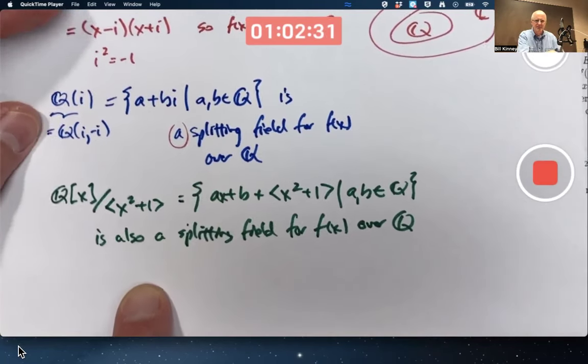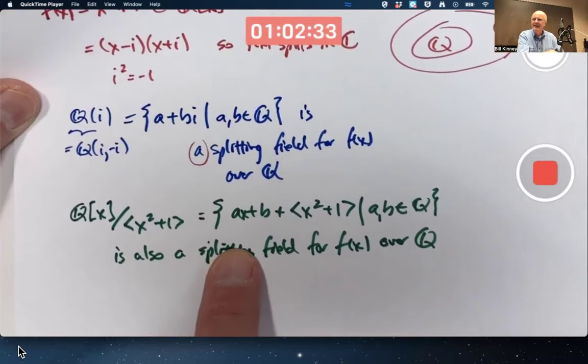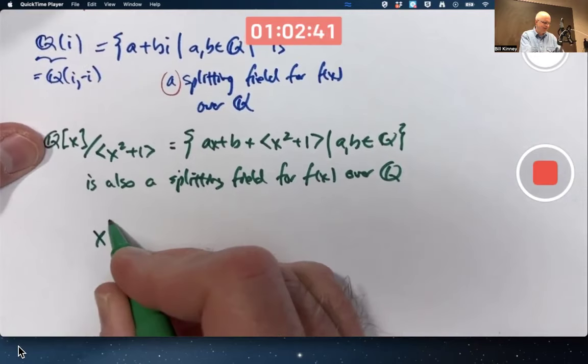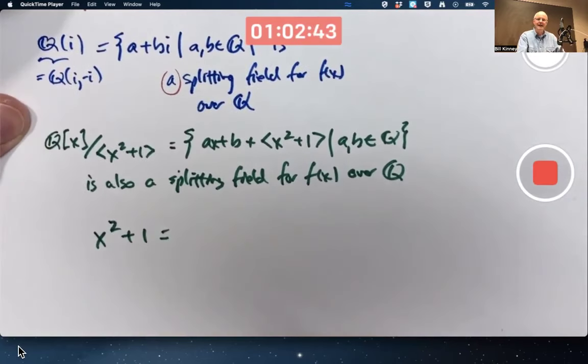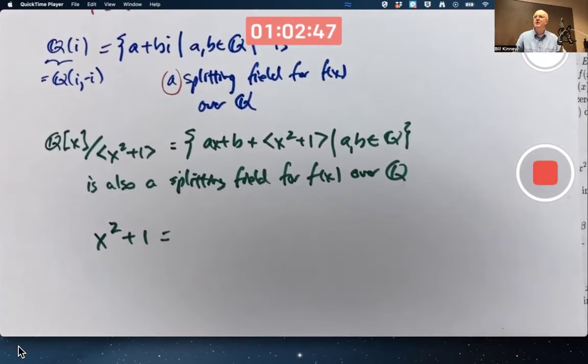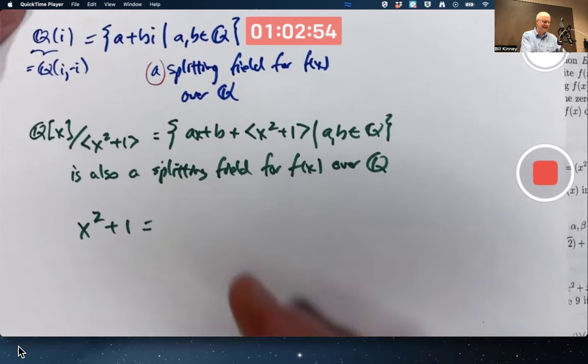Does f(x) really split in here? If so, how? Can I factor x squared plus 1 as a product of linear factors in here? I'm about to do so, but in a way that's confusing, but accurate. It splits.